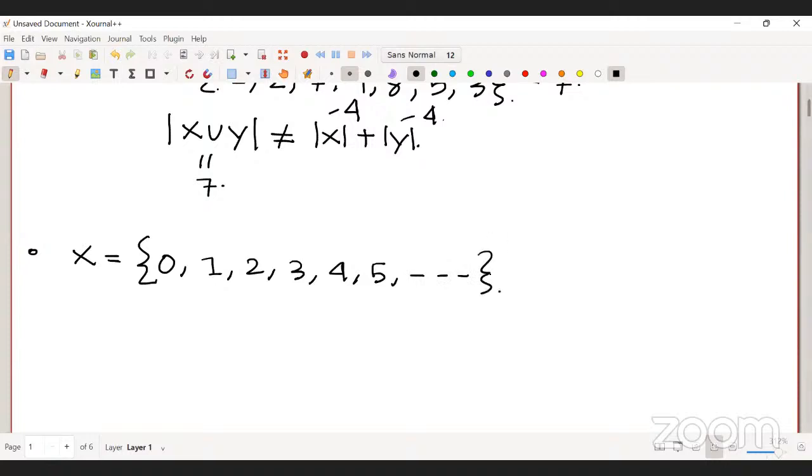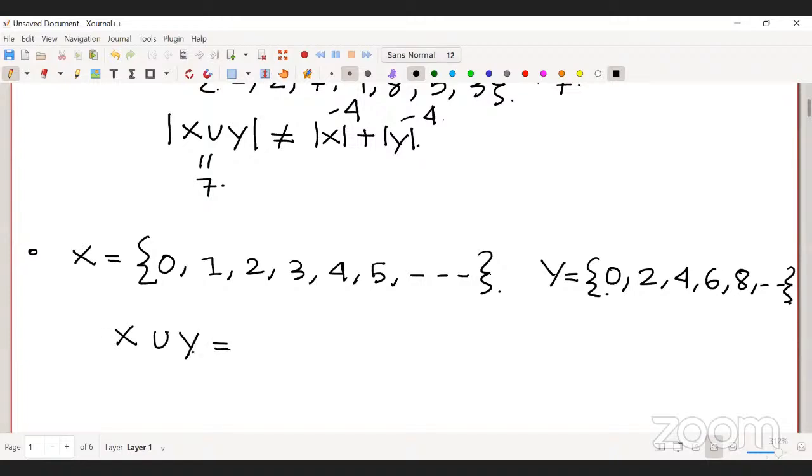And my other set Y is the set of even natural numbers: 0, 2, 4, 6, 8, and so on. Now can you tell me what is X union Y?